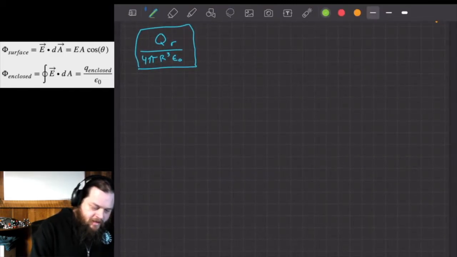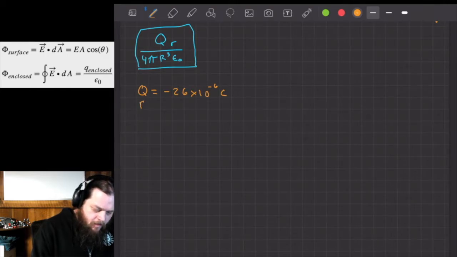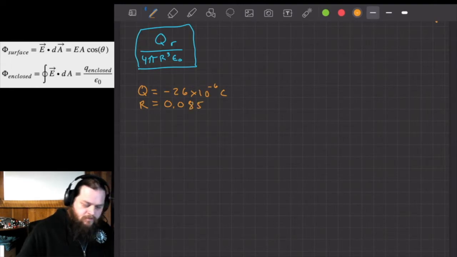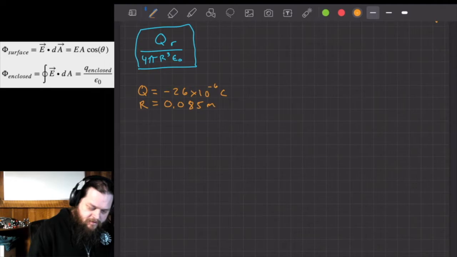And in this case, most of our values are the same. We still have the same Q value, which is negative 26 times 10 to the negative 6 coulombs. We have the same big R, the radius of the sphere itself, which is equal to 0.085, that's in meters.